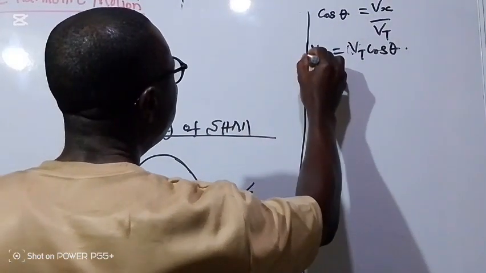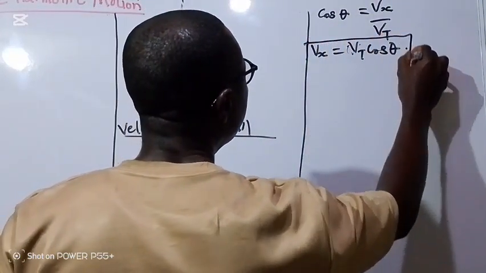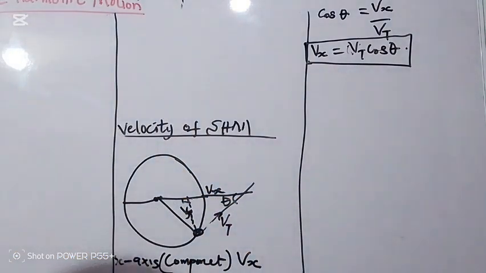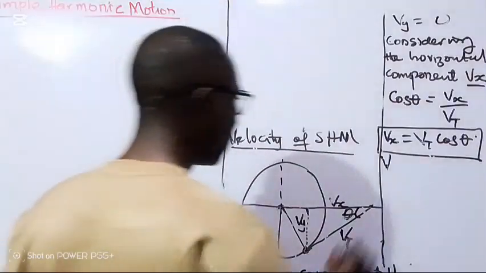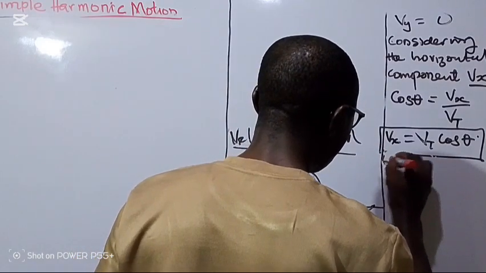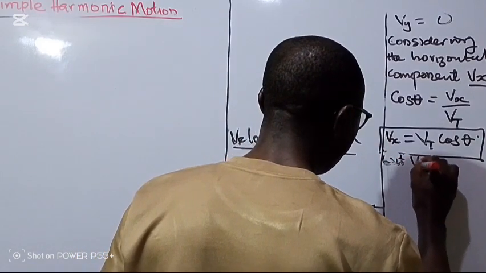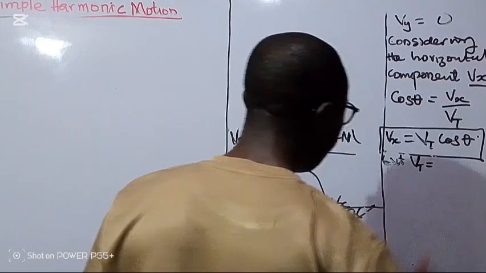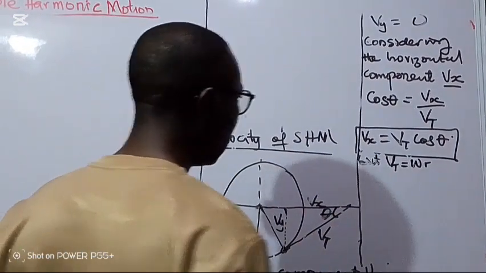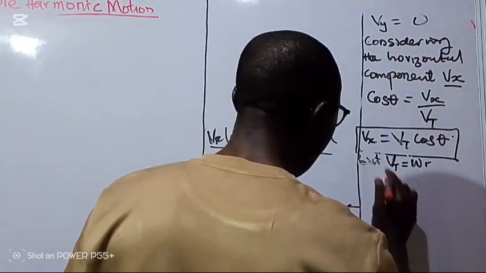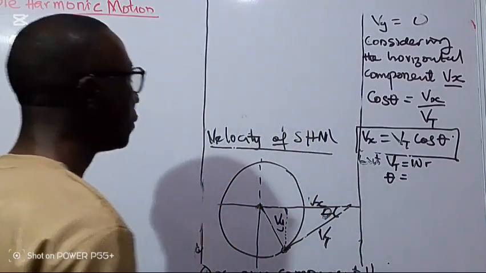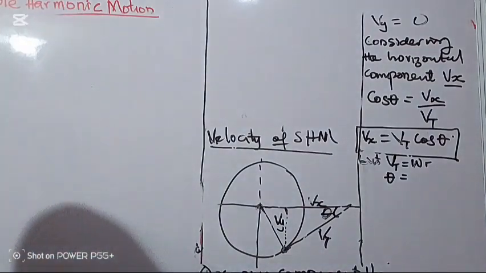Now note this formula. This is the velocity component of simple harmonic motion. But our Vt, as I said the other time, is equal to omega r. At the same time, our theta, as I told you the other time, is omega t.